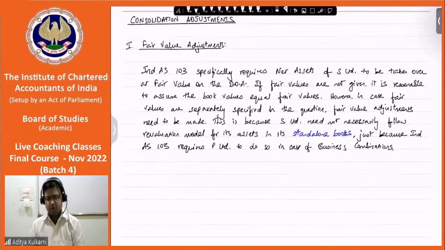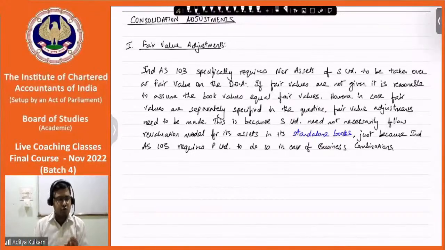Business combinations. Okay. So this fair valuation is not pursuant to Ind AS 16 or Ind AS 38 or Ind AS 40. It's not pursuant to those Ind ASs. It is pursuant to fair value adjustments. It is pursuant to Ind AS 103.